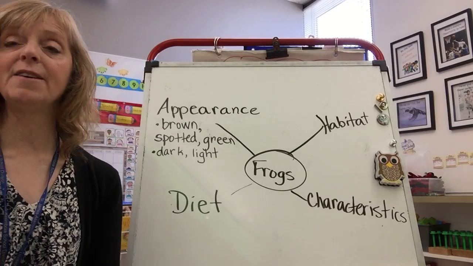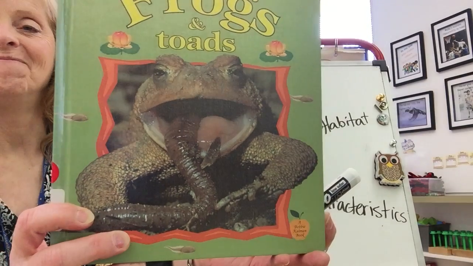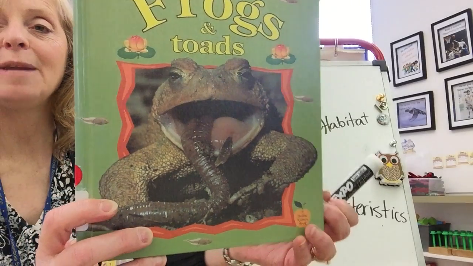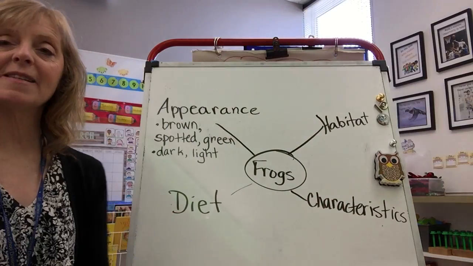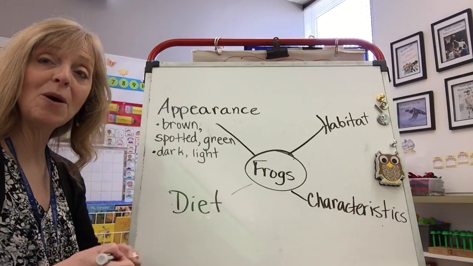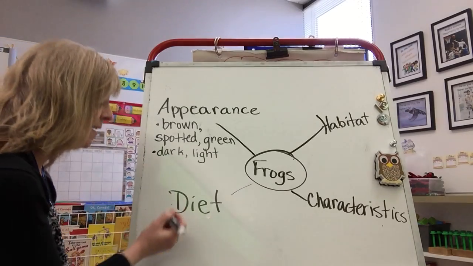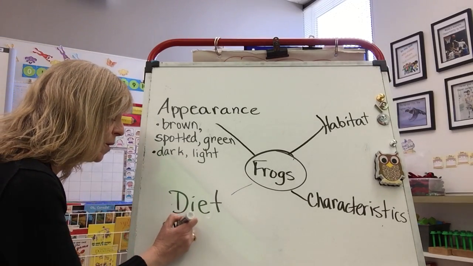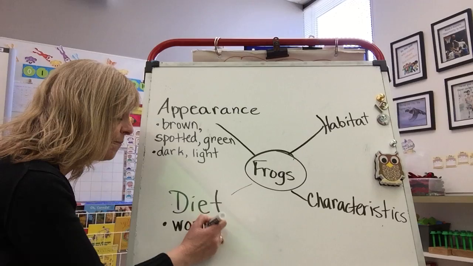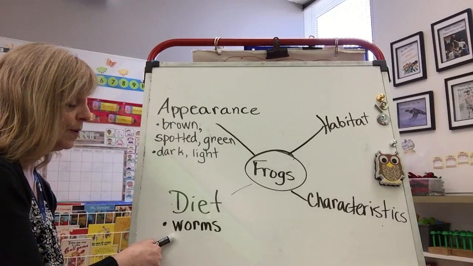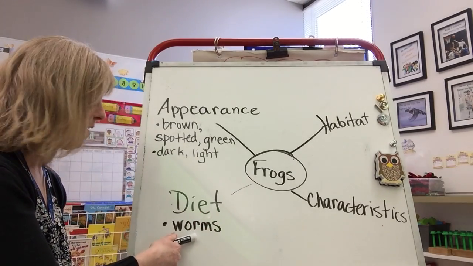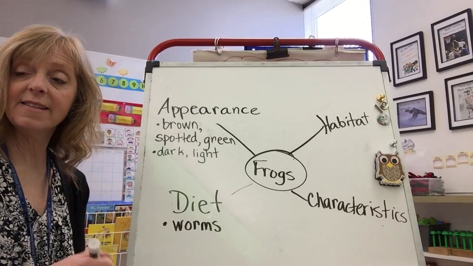Diet. Well, here's a book. Their diet can be worms, and the most common thing, you probably know what frogs eat. Do you know what frogs eat? So I'll write here worms. W-O-R-M-S.